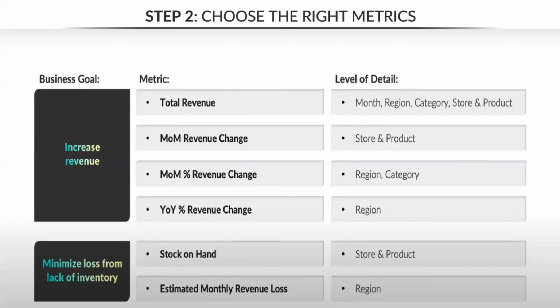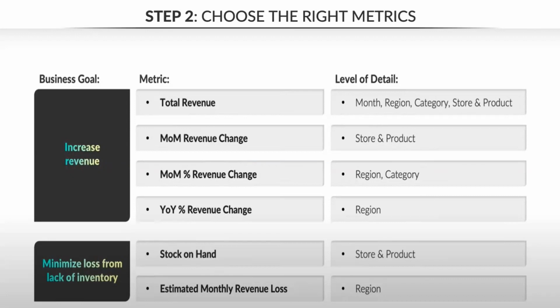Here you have to give store wise and product wise, because out of stock goes by store and product only. They will look for which store is a reason for this revenue loss and which product is the reason. They may not look region wise. They go more granular, and the product category you can also add here.